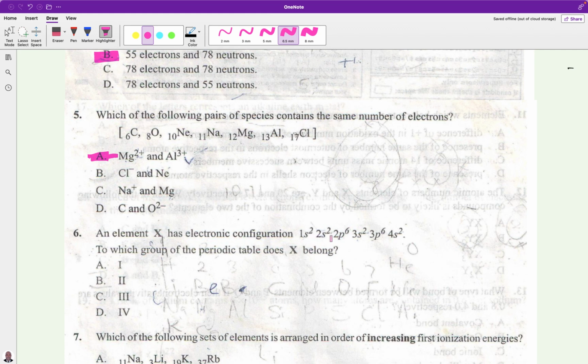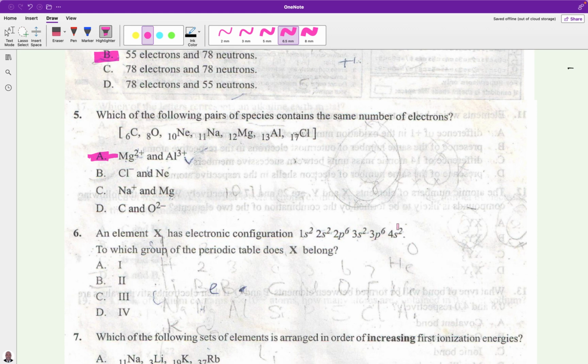Then this 2s2, 2p6 is the second shell with 8 electrons. Then this is the third shell, or the third energy level, which has 8 electrons.